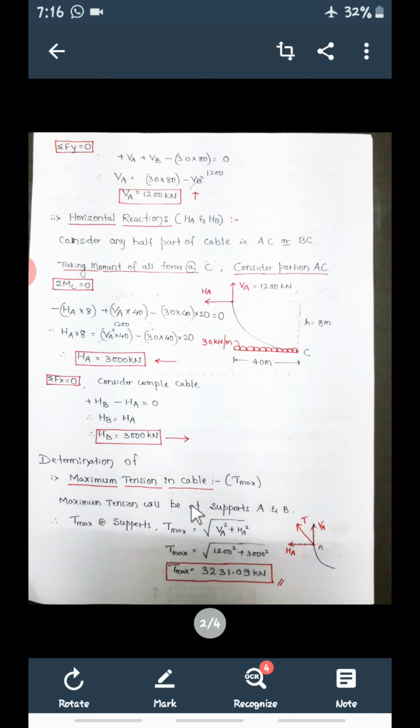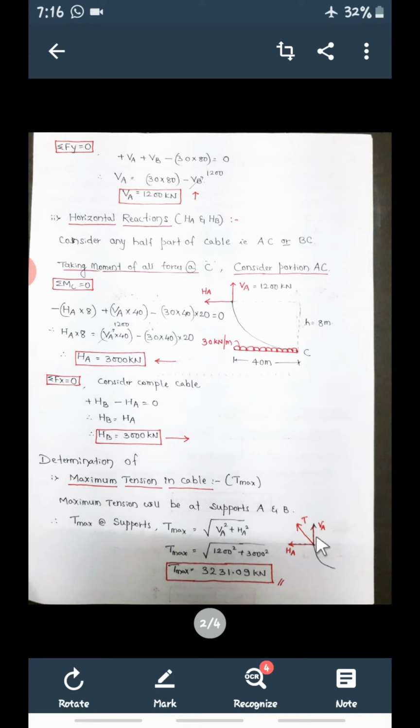So Tmax at the supports is equal to root of V square plus H square. We already know this expression. See here, this is the tension in the cable. You can take this as T, Tmax or T.